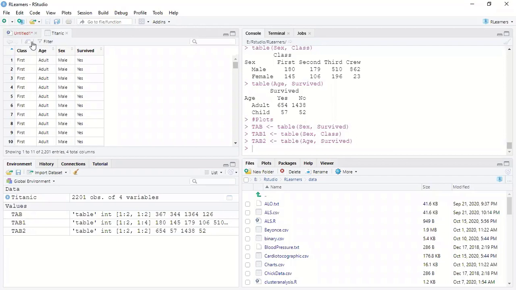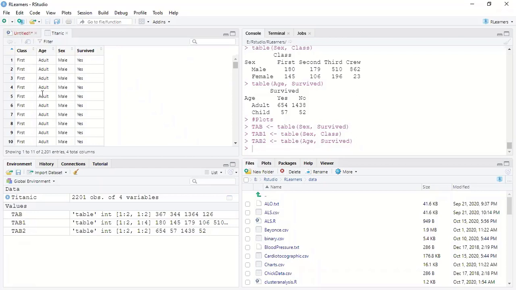For example, you can do according to class. Did the class determine whether you survived? When you're in first class compared to the person who is in the crew, is there a difference between them? Okay, so you do a chi-square test.